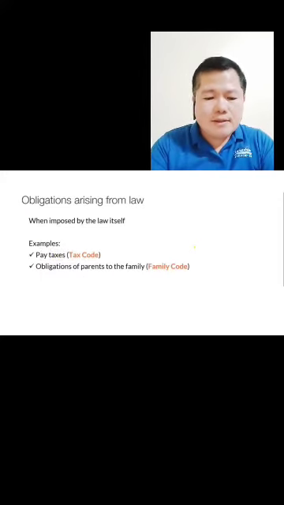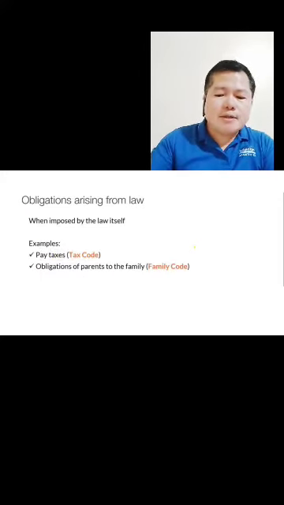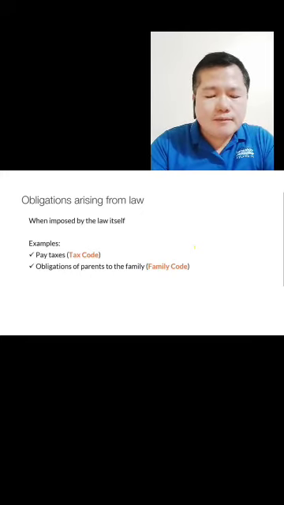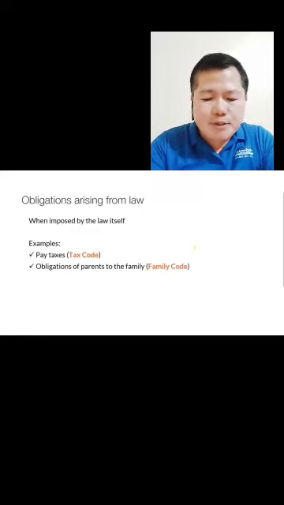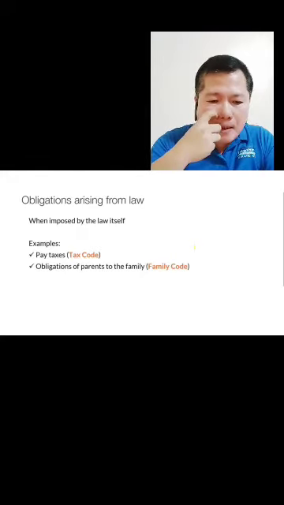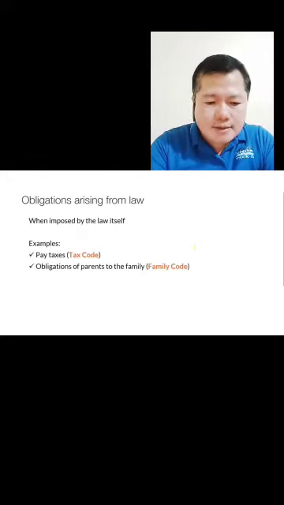Next, let's start with obligations arising from law. Obligations that arise from law are explicitly mentioned by law, imposed by the law itself. For example, paying taxes. Why do we pay taxes?